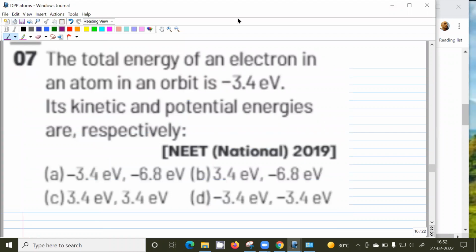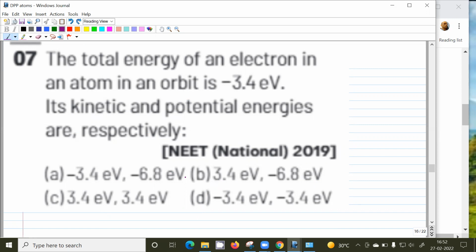Energy of the electron in the atom orbit is minus the... This is also a trivial question. So option B. Kinetic energy is the same as this one.